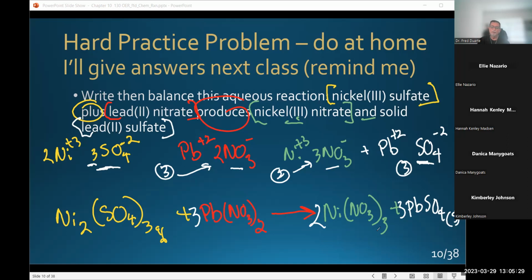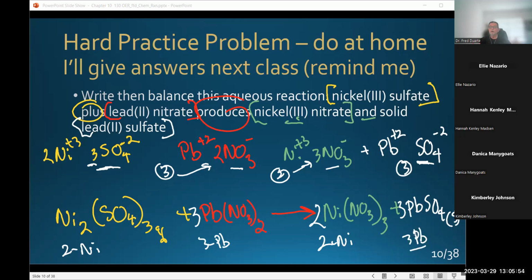All right, now, with that being said, let's take a look and see how our leads are. Well, we had 2 nickels here to begin with. And guess what? We got 2 nickels in the product side. So they're balanced. I have 3 leads on the reactant side. Guess what? I got 3 leads on the product side.